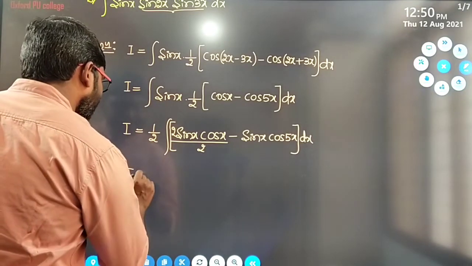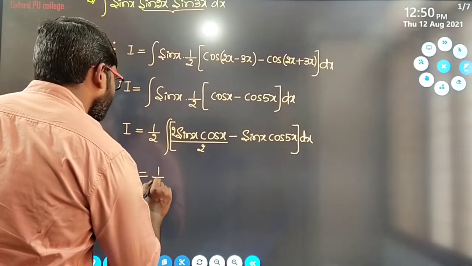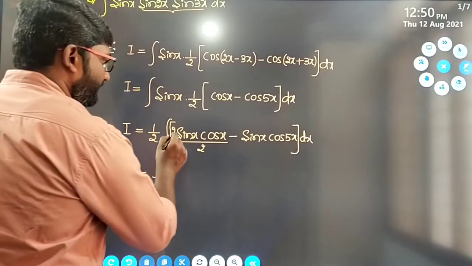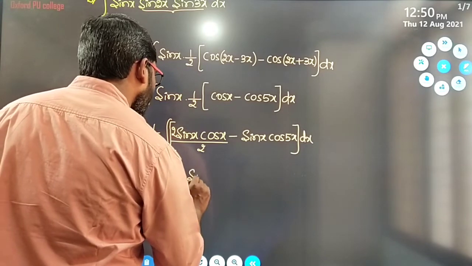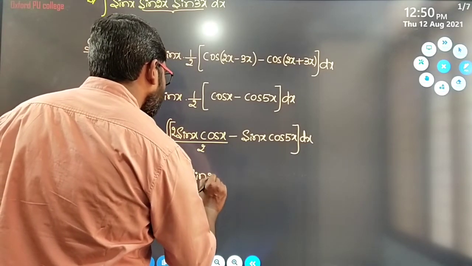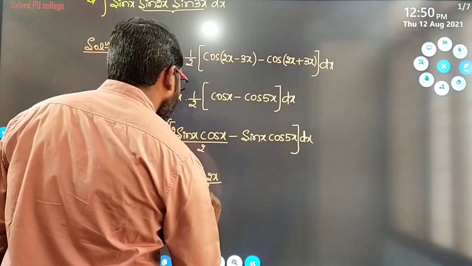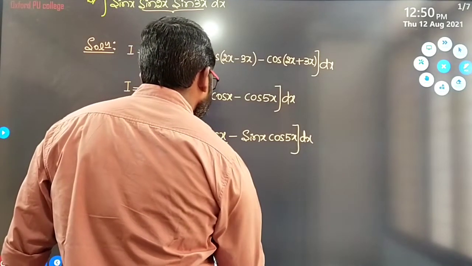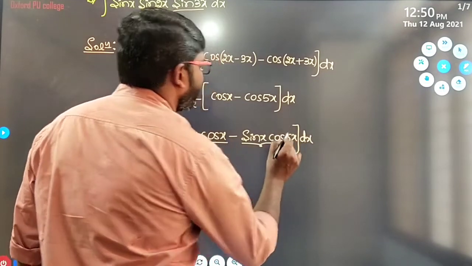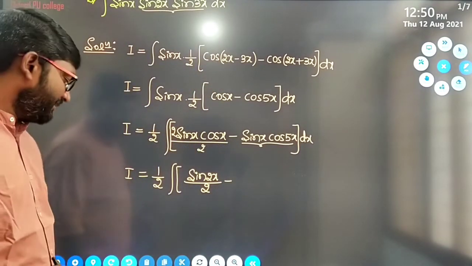So I is equal to 1 by 2, write it as it is. Then integral, we have sin 2x by 2, then minus. For this we will have to make use of the sin A cos B formula.